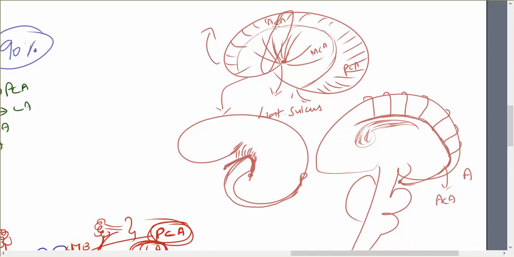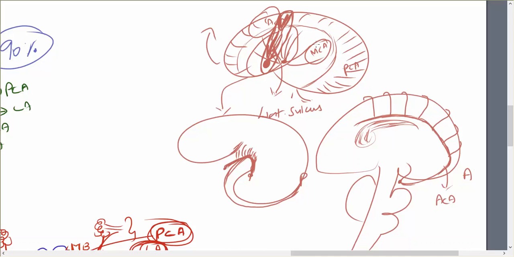Our movements are all controlled by this area, and the head area is controlled like this, and then the hand, then the body, then the leg. So the leg motor area is supplied by the anterior cerebral artery, and the rest of the body area is supplied by the middle cerebral artery.